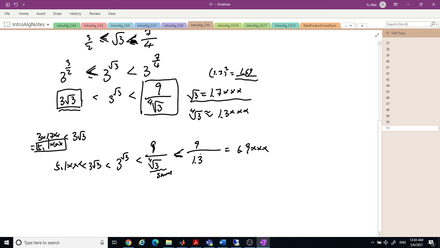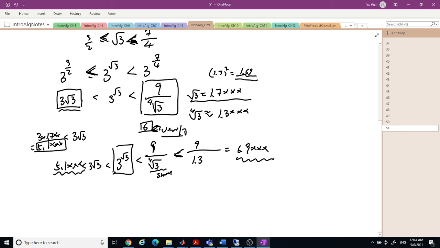Now we know our target is greater than 5.1 something, less than 6.9 something, right? So basically we know the closest integer is 6, but we need to verify: is this one greater than 6 or less than 6, right? If this one is less than 6, the integer is 5, otherwise it's 6.